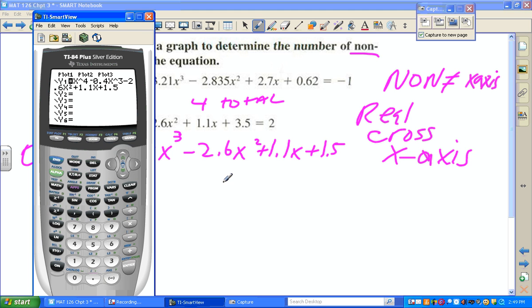Whew, that's a lot of work for an answer, wasn't it? Graph. Syntax error, can't be. Say it's not so. Oh, minus. Graph.